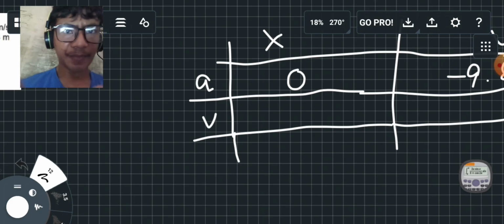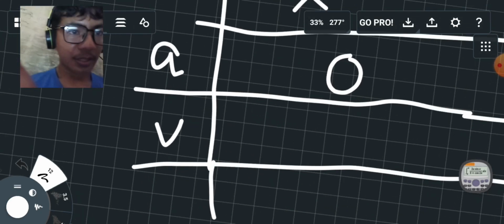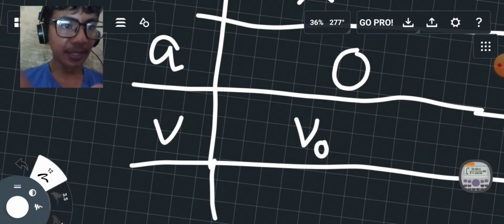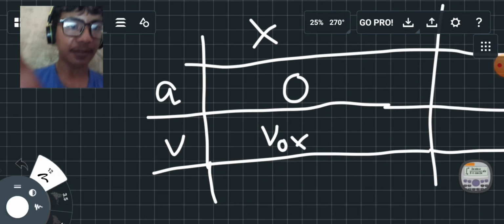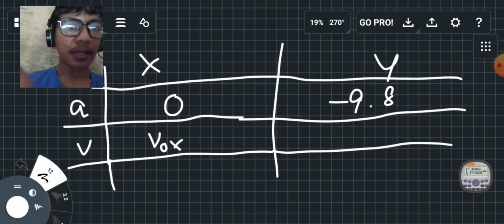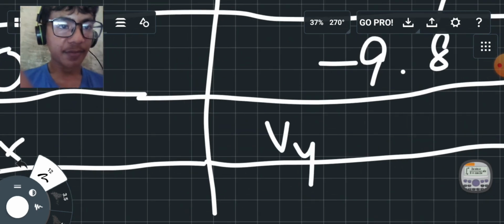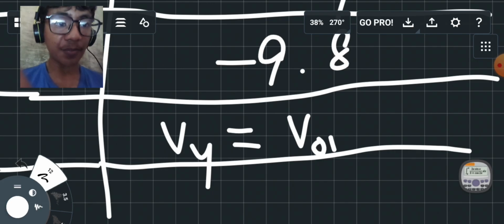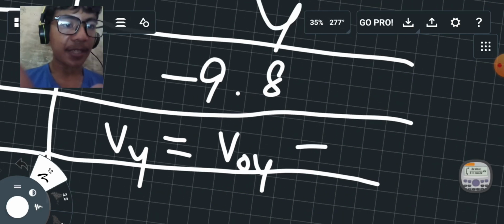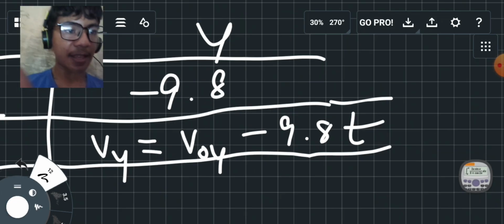As discussed in part 1, the velocity in the x direction is just v naught x, the x component of the initial velocity. In the y direction, velocity is given by v sub y, the y component of the initial velocity, minus 9.8 times t, which is time.